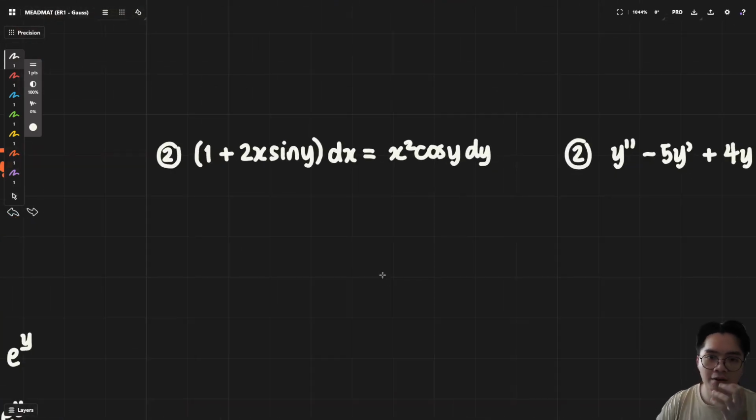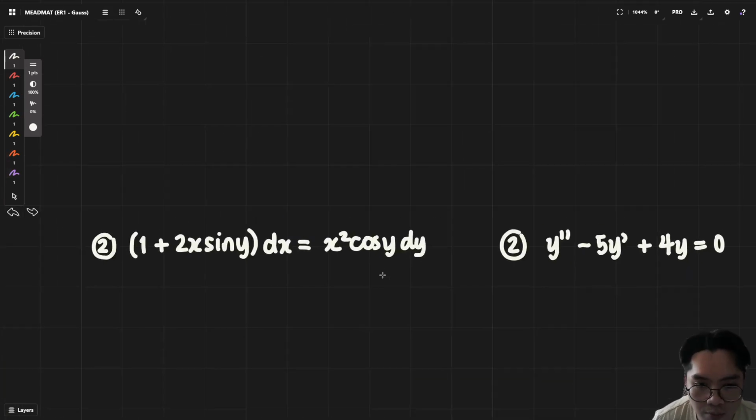And now in here, no more color coding. In this case again, I would like to remind everybody that this is not a good structure for exact equations. What we should do is instead put this to the other side.